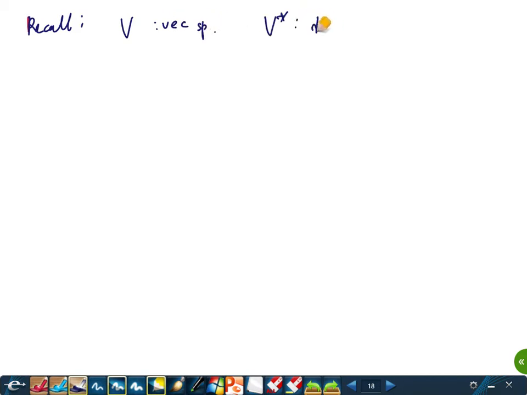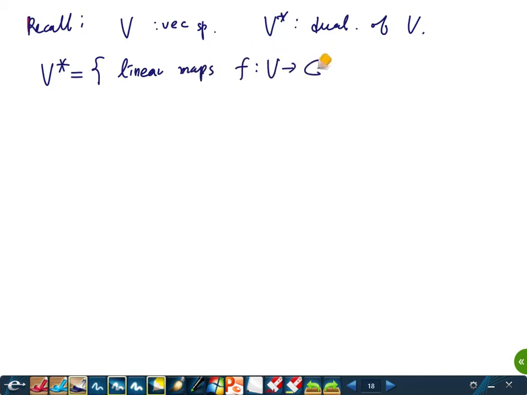So what is this? The dual vector space of V, as a space, is the linear maps, or linear functionals, from V to the base field, which is C in our case. So V star, or dual, is just a linear map from V to a scalar.